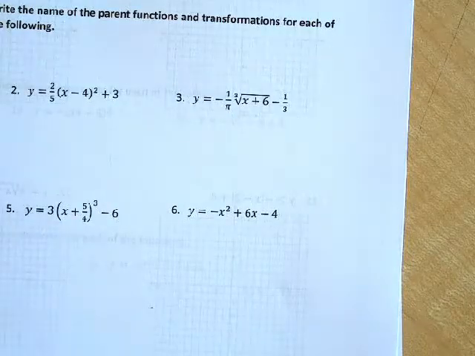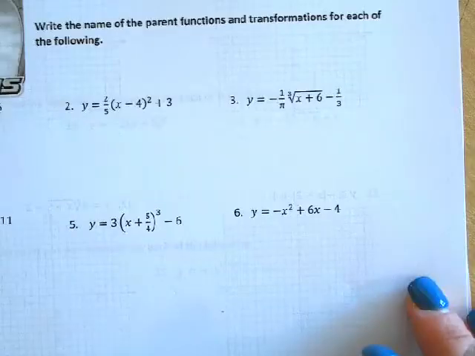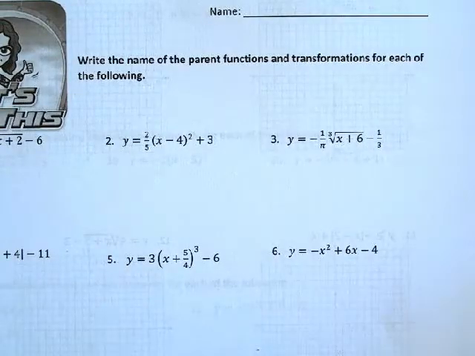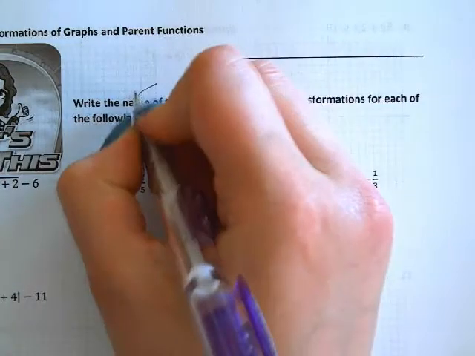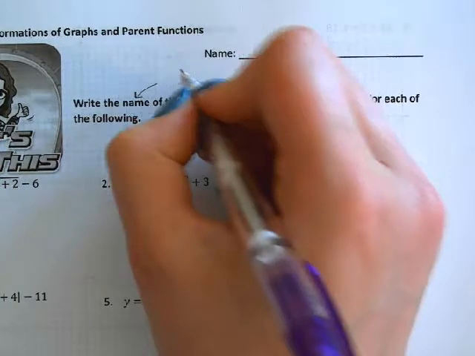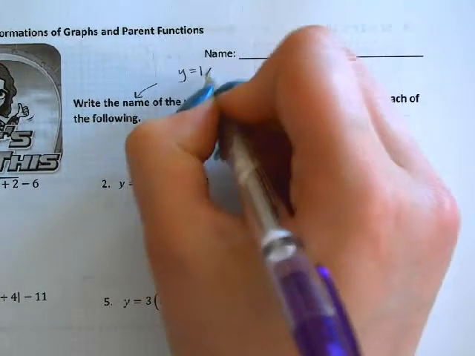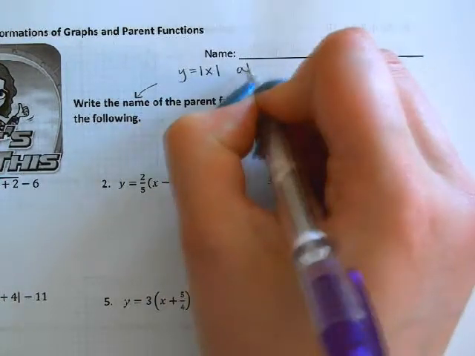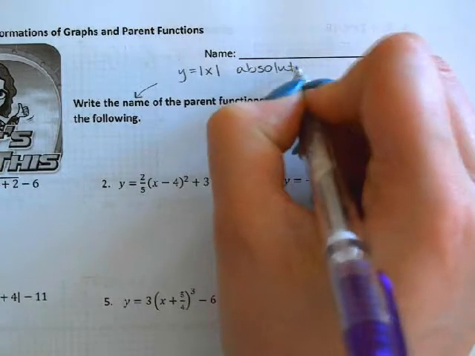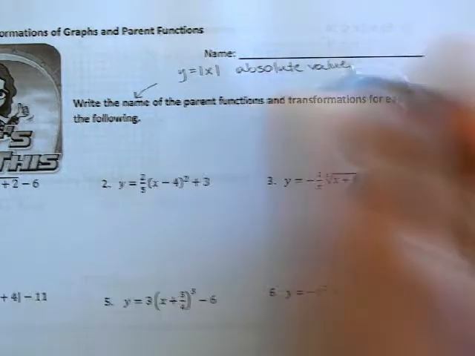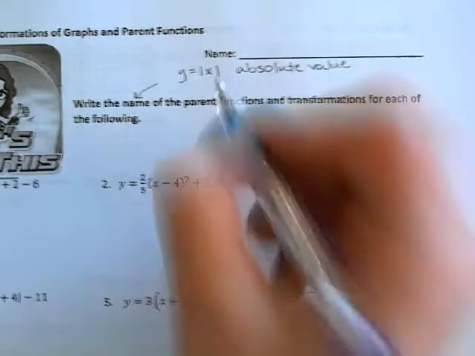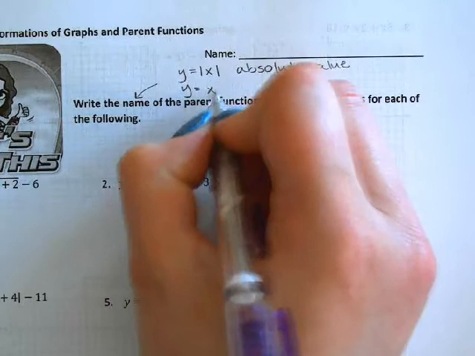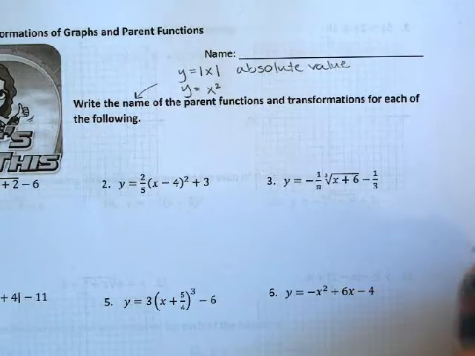So when we look at this assignment, it says to write the name of the parent function. And the names of the parent functions, we have absolute value graphs. Y equals the absolute value of x is an absolute value graph. If we have y equals x squared, what's the name of that kind of graph?